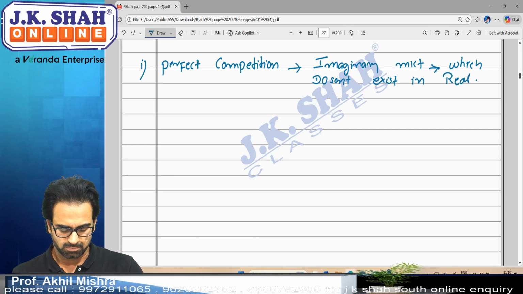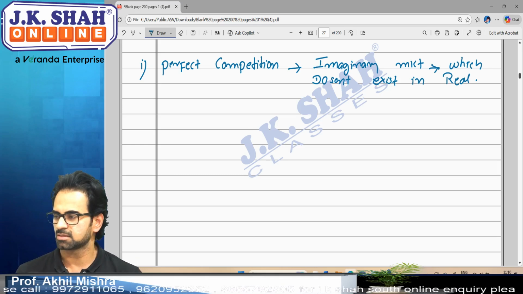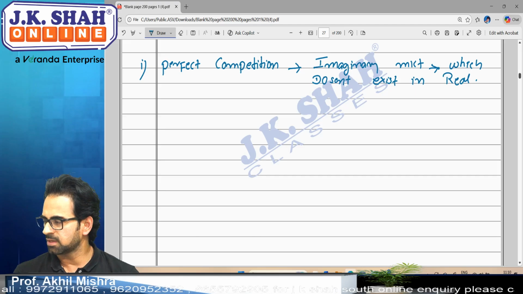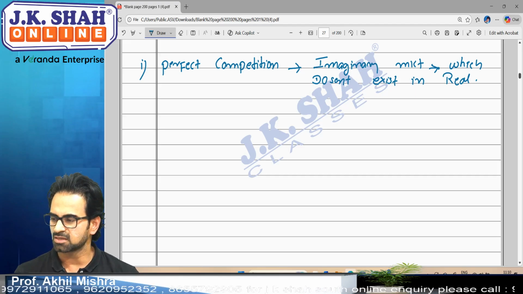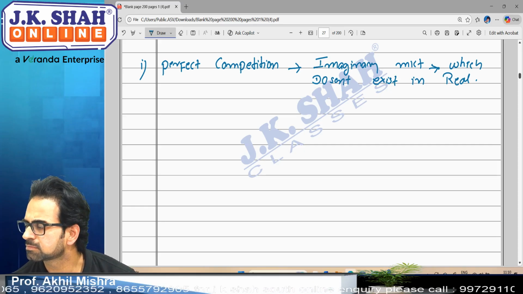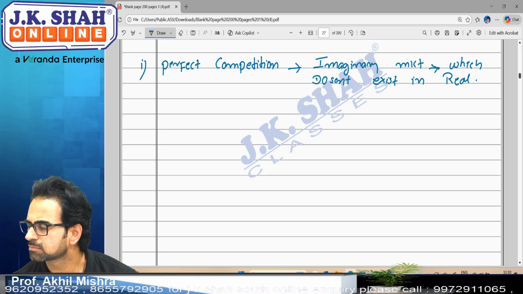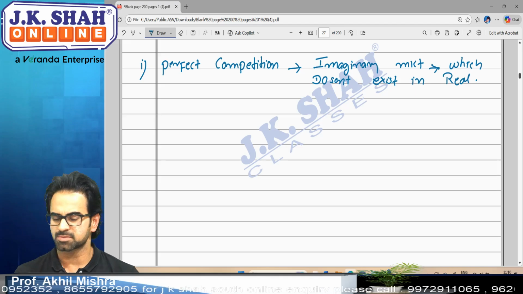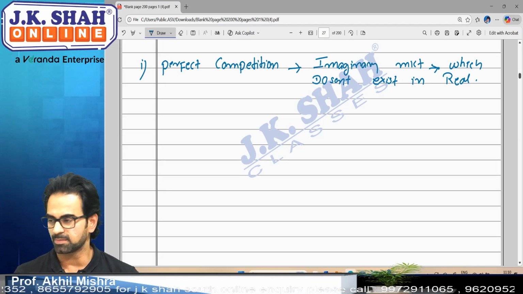So there are 4 types of market. First market is perfect. Whereas the other types of market we're going to do are imperfect markets.